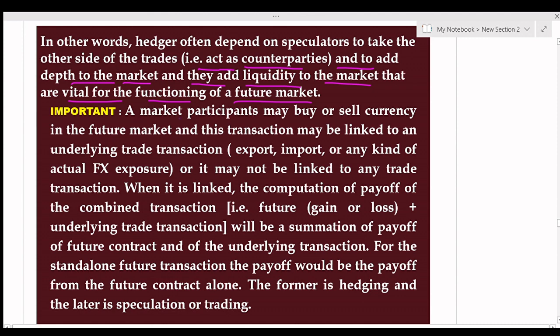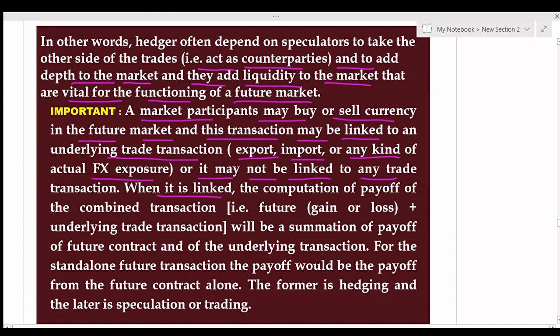Important: market participants may buy or sell currency in the future market, and this transaction may be linked to an underlying trade transaction, that is export, import or any kind of actual foreign exchange exposure, or it may not be linked to any trade transaction.